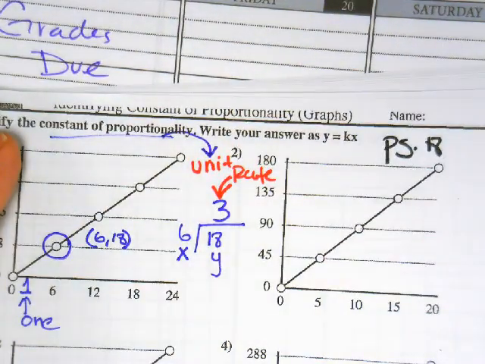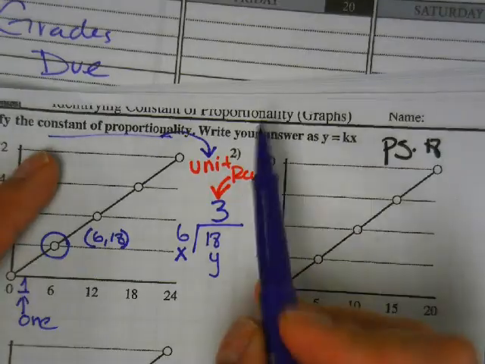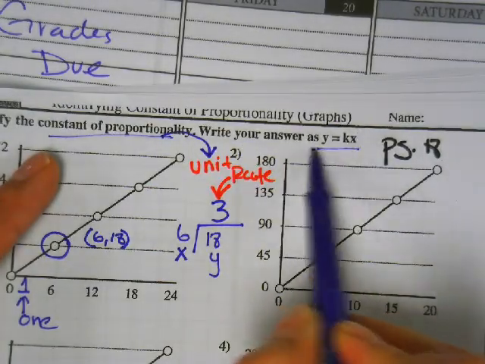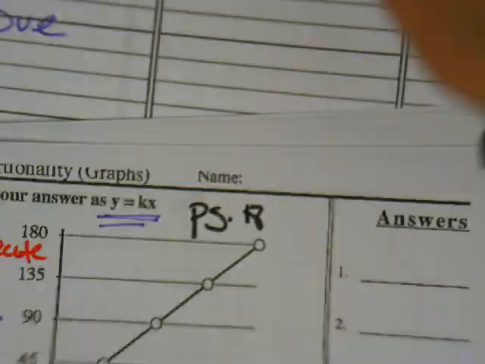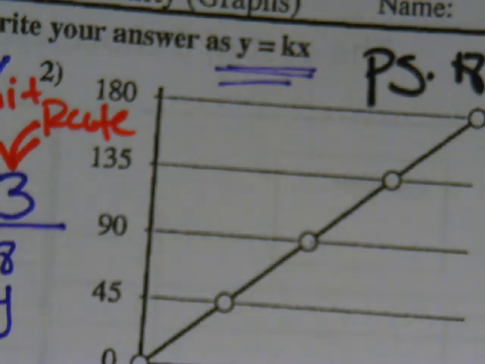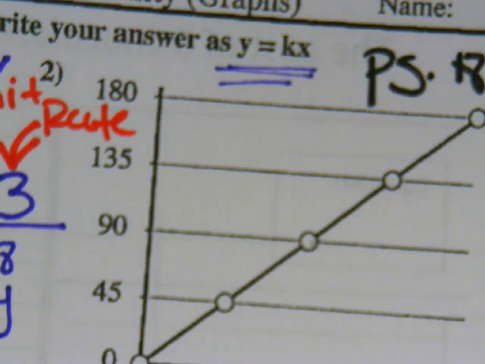Now, what do they want me to do? Write your answer as y equals kx. So they want it as an equation. Where does k come from? What does k stand for in this equation?